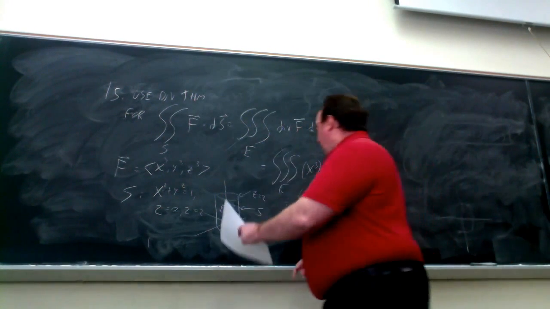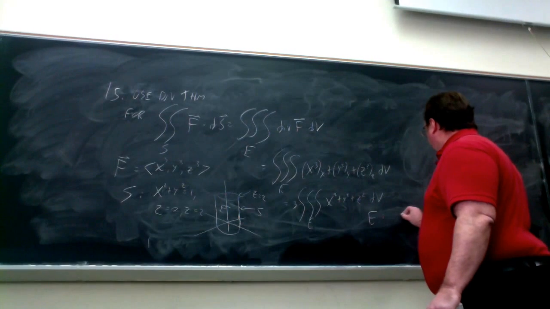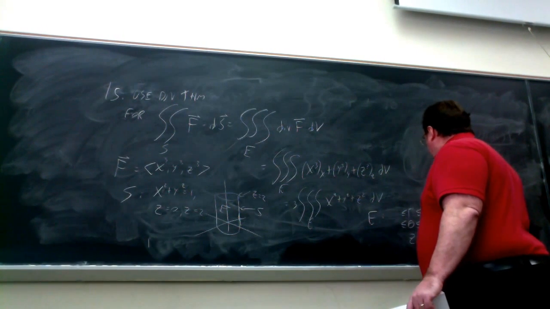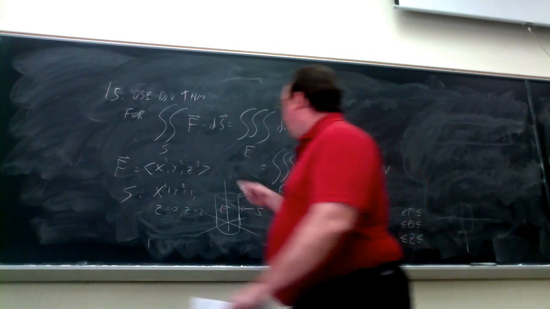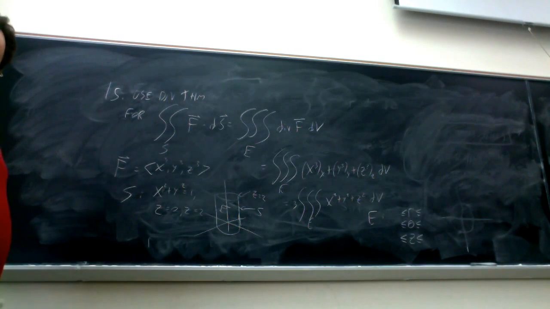So the way you describe a solid, you need bounds on r, theta, and z. So based on the equations given here, what are the limits on r, theta, and z going to be? Oh, first for r.